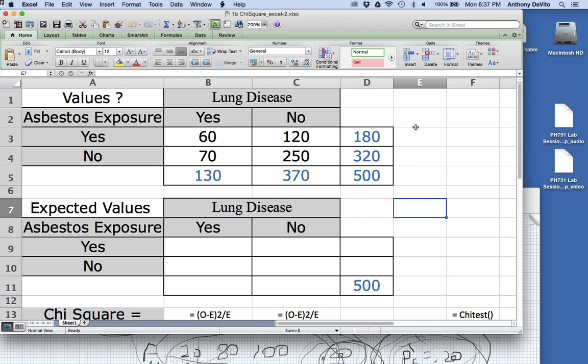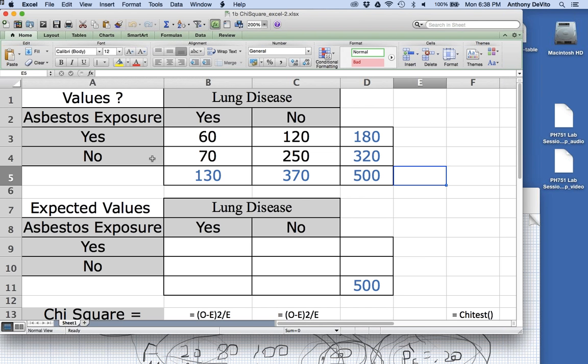Okay, so let's say that we have a population that has a high rate of asbestos exposure and lung disease, and we sample this population. The group we sample is 500 randomly selected individuals from this high risk population, and maybe they're very heavy smokers and have a lot of other exposures.